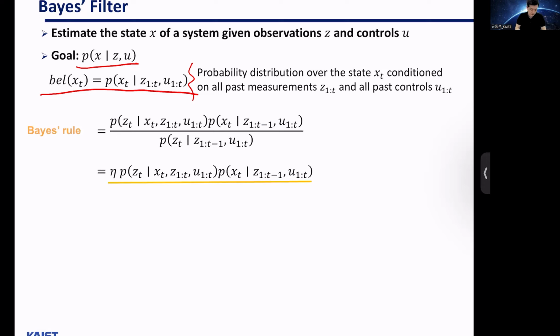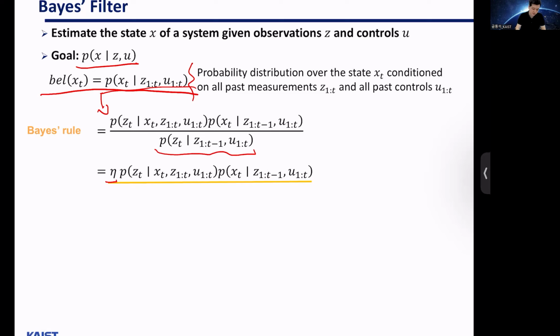Let's start with Bayes rule. This probability distribution can now be described by this equation using Bayes rule, and then the denominator, this part, will be described with eta for simplicity, to make this derivation and the whole equation simpler to describe.